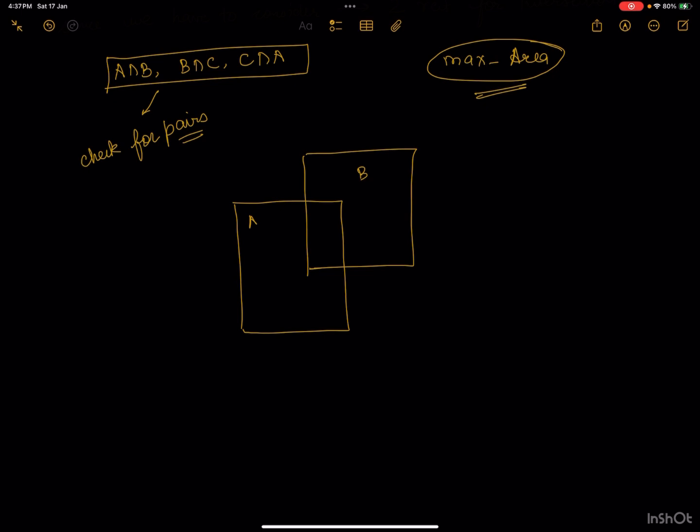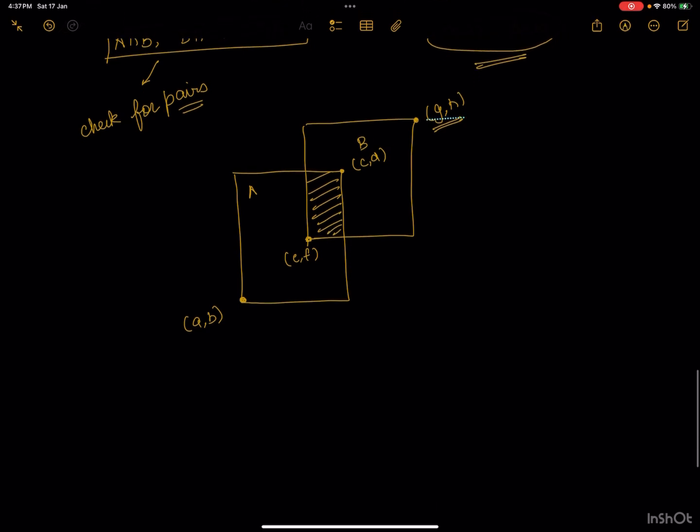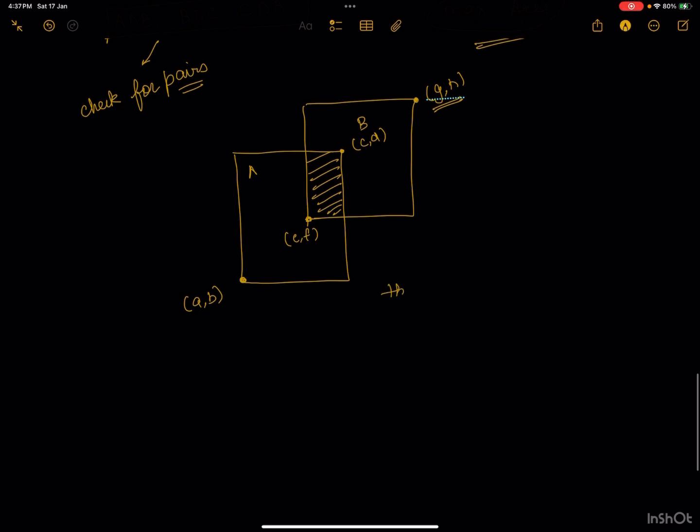Let's name the coordinates. Let's name this A comma B. Let's name this C comma D, E comma F, and G comma H. Okay. Now, if we need to find the maximum, let's say this is the area A1 with us, and we need to find the area of this A1.